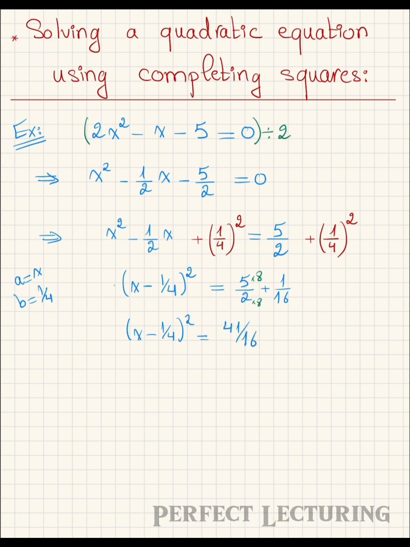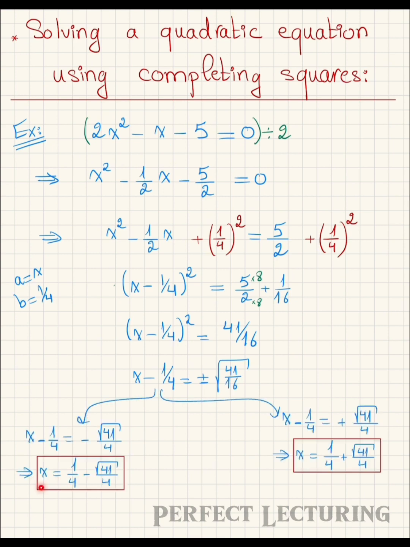And at this point, we can use the square root principle. So it gives us x minus 1 over 4 is equal to plus or minus the square root of 41 over 16, which gives us two equations, and the answers are x is equal to 1 over 4 minus the square root of 41 over 4, or x is equal to 1/4 plus the square root of 41 over 4.